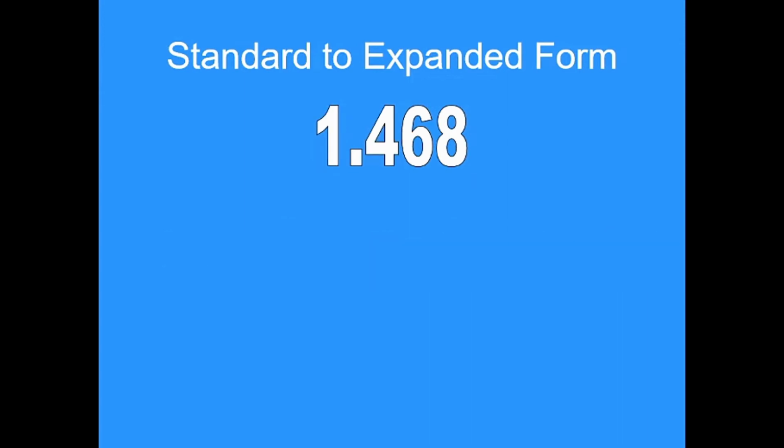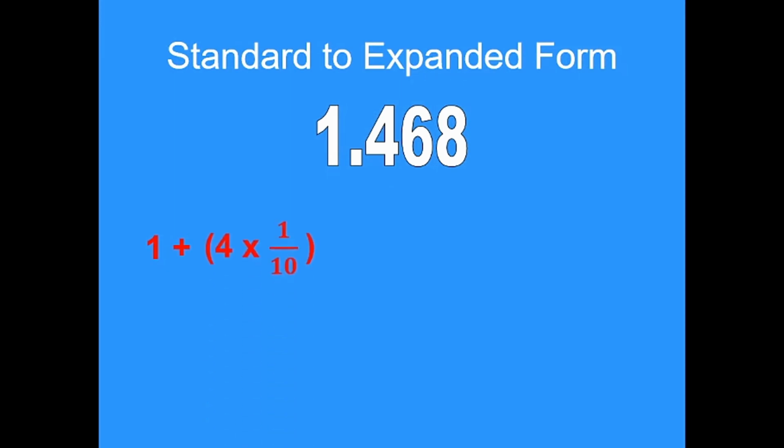Another one. 1.468. Let's have 1. What is the value of 1? It's 1. 1 times 1 equals 1. And plus our first decimal, 4 under tenths place.